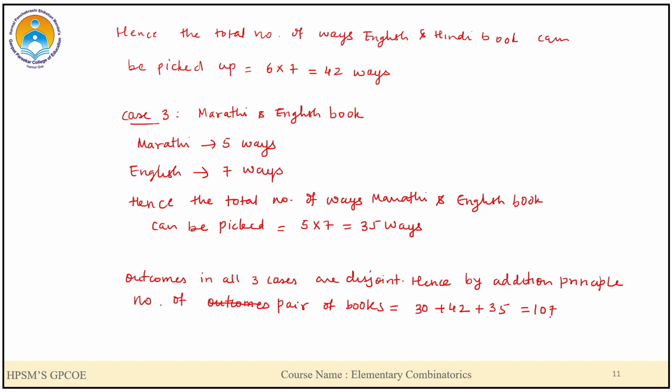So you can have 107 unordered pairs of two books, not both in the same language.